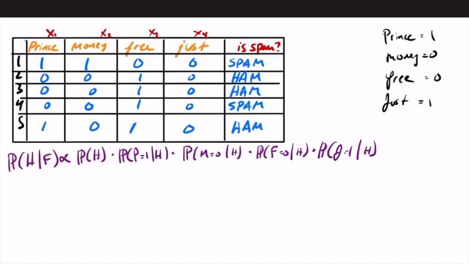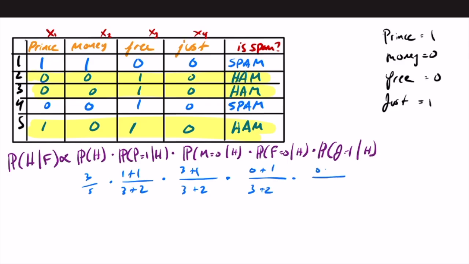The calculations for this are very straightforward. So that's going to be 3/5, I believe. Times 1/3 plus our smoothing factor, times 1 plus our smoothing factor, 2 over 3, plus 0 over 3 plus 1 plus 2, 0 plus 1 over 3 plus 2.